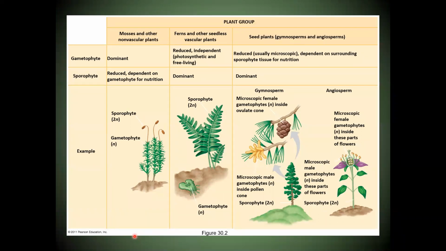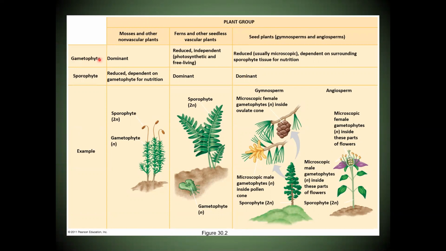Now, this is a graph that I already showed to you when I covered other plant groups. I do want to highlight several features. Some of you got this part incorrect in your last homework, right? So let me explain that one more time for the sake of clarity. When you're looking at seed plants, the sporophyte is dominant.